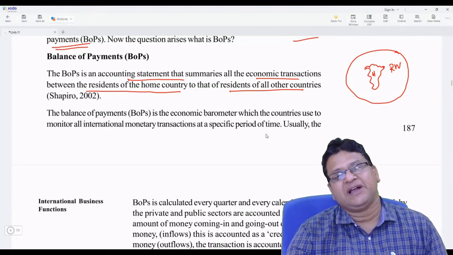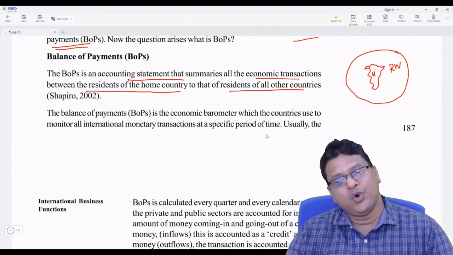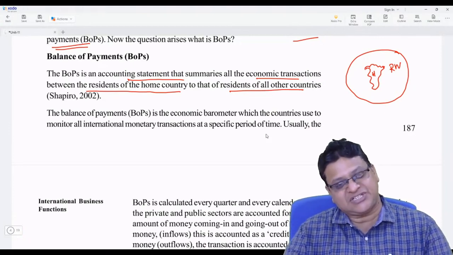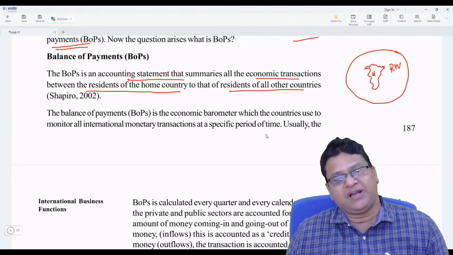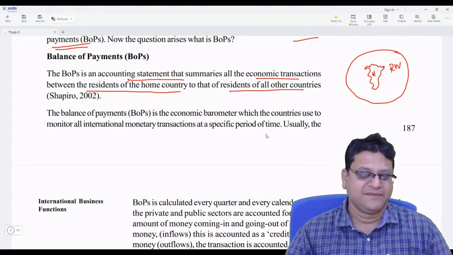So BOP divides the entire world into two parts: the home country and the rest of the world. It records the transactions which occurred between the home country and the rest of the world during a particular calendar year.